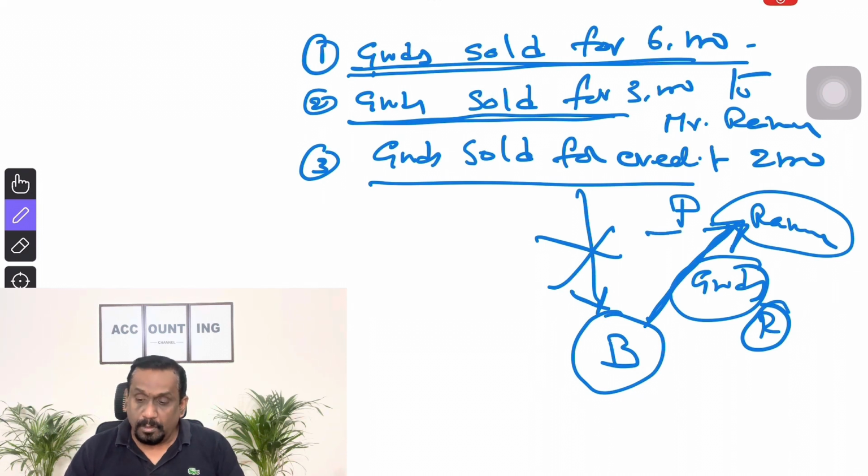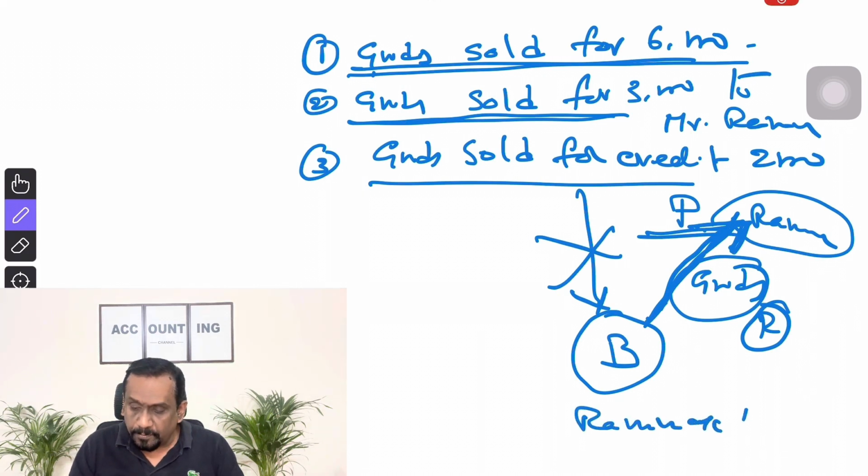Clear? Now, what is the golden rule under personal account? Debit the receiver, credit the giver. Is Ramu receiving or giving? See the arrow mark. Ramu is receiving. He is the receiver. What does the rule say? Debit the receiver, credit the giver. So you need to debit Ramu account.